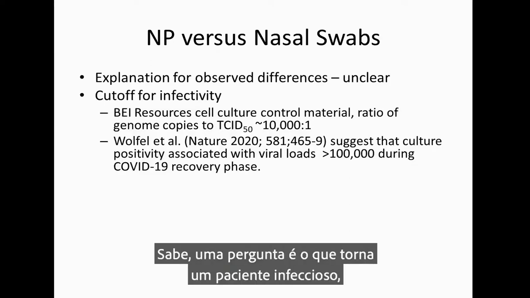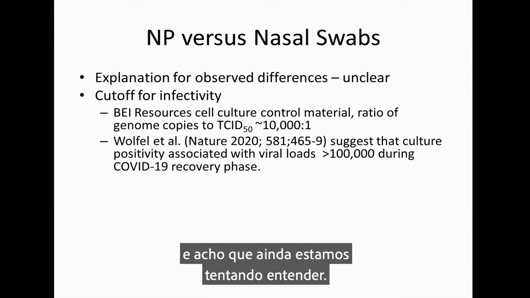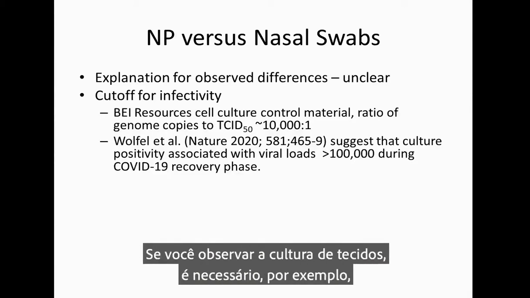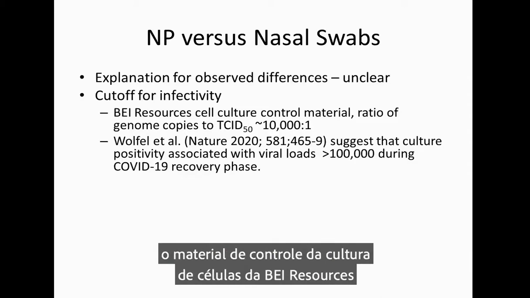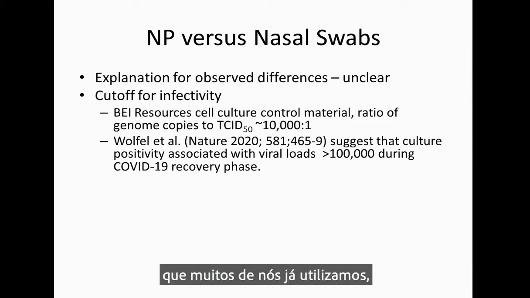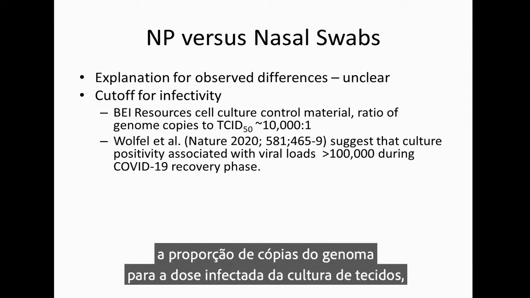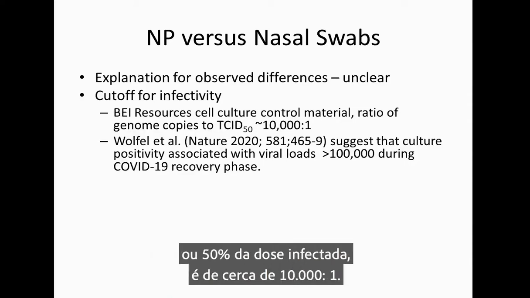One question is, what makes a patient infectious? I think that's what we're still trying to understand. If you look in tissue culture and take, for example, the BEI Resources cell culture control material that many of us have been using, the ratio of genome copies to the tissue culture infective dose, or 50% infective dose, is about 10,000 to 1.